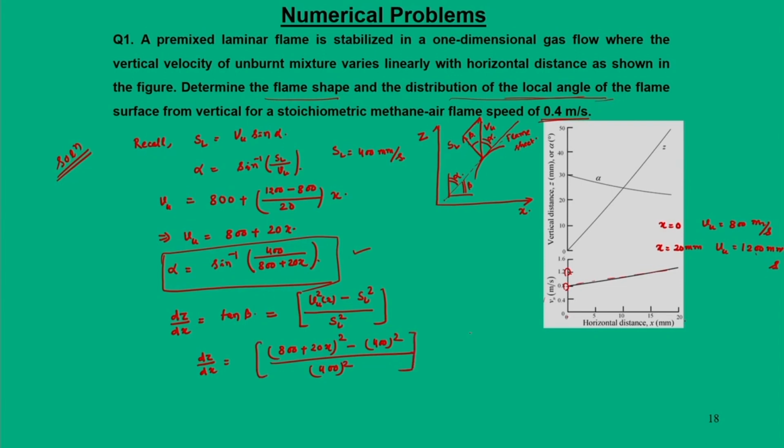So, after simplifications this becomes 2 plus 0.05 x square minus 1.